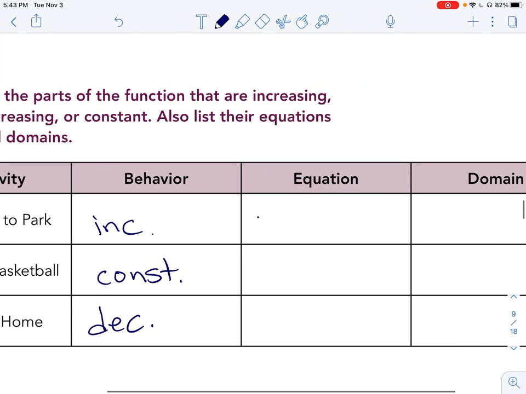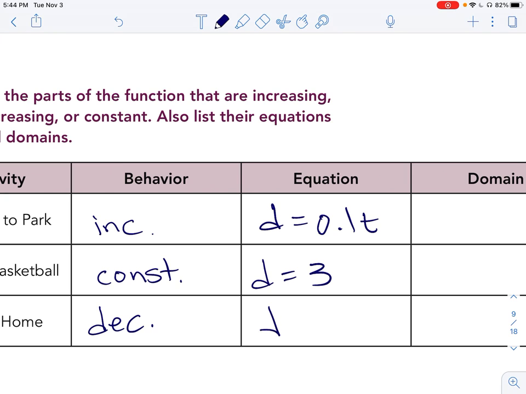Okay, so the equation here was, oh, we didn't use y, did we? Okay, so it would be d equals 0.1 t. This was d equals 3. This was 0.25, or it said 0 plus 3.